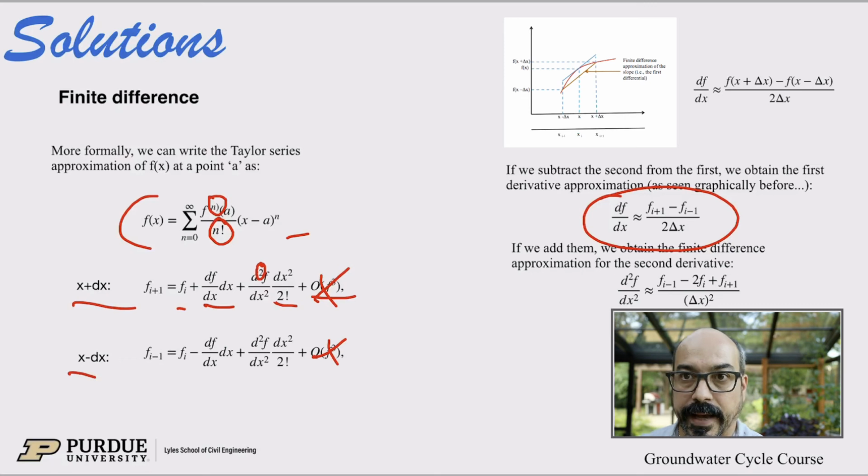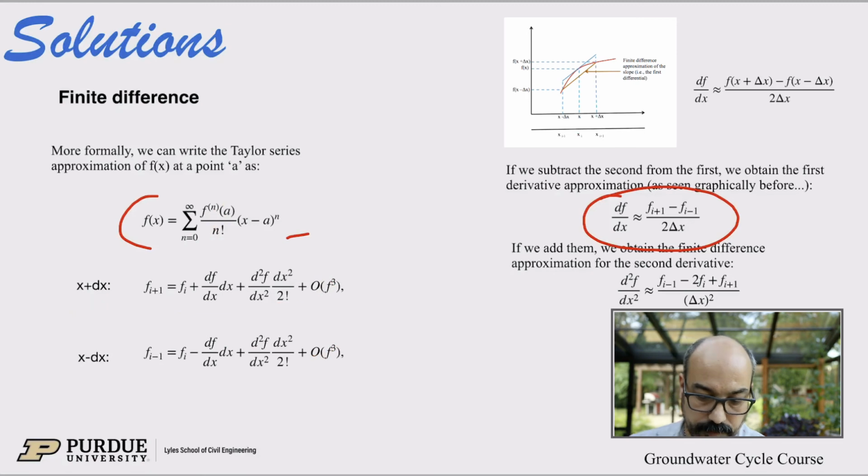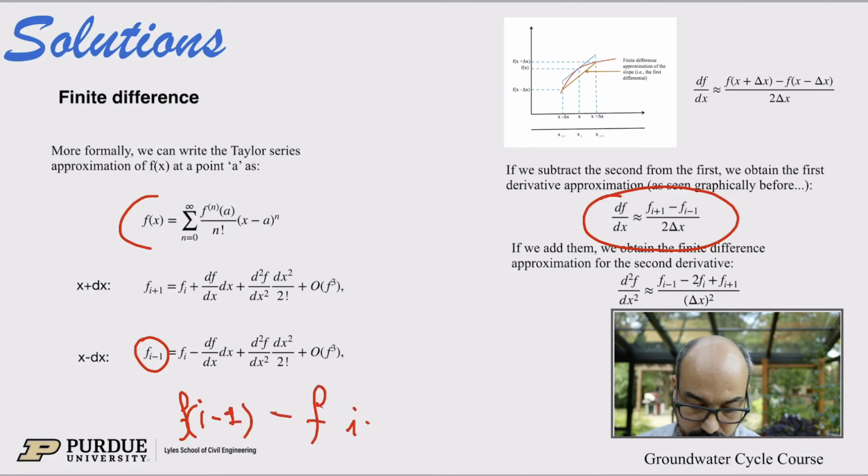If we look at the place right before, x minus dx, this business here is going to become x minus dx. So minus to the 1 is minus. The only difference here is that minus in that first term. Now if we subtract these two equations, f at i minus 1 minus f at i plus 1, you can see that these are going to disappear.